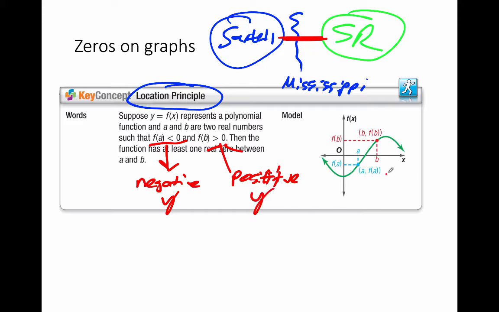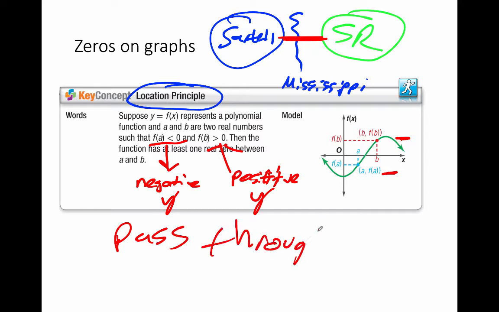The only way you can go from a negative to a positive is if you pass through 0, okay? The only way I can go from Sartell to Sauk Rapids is if I pass over the Mississippi River. The only way I can go from a negative y to a positive y is passing through 0. There has to be a 0 when I go through it.